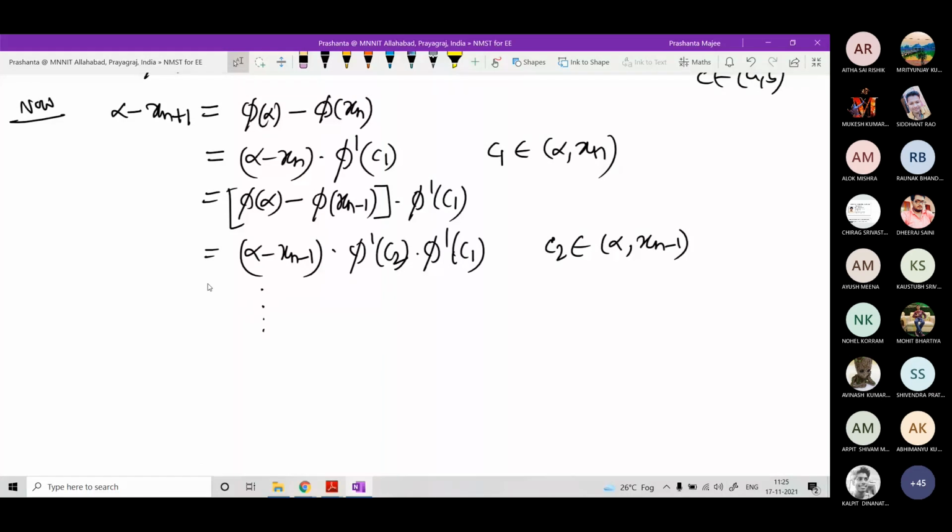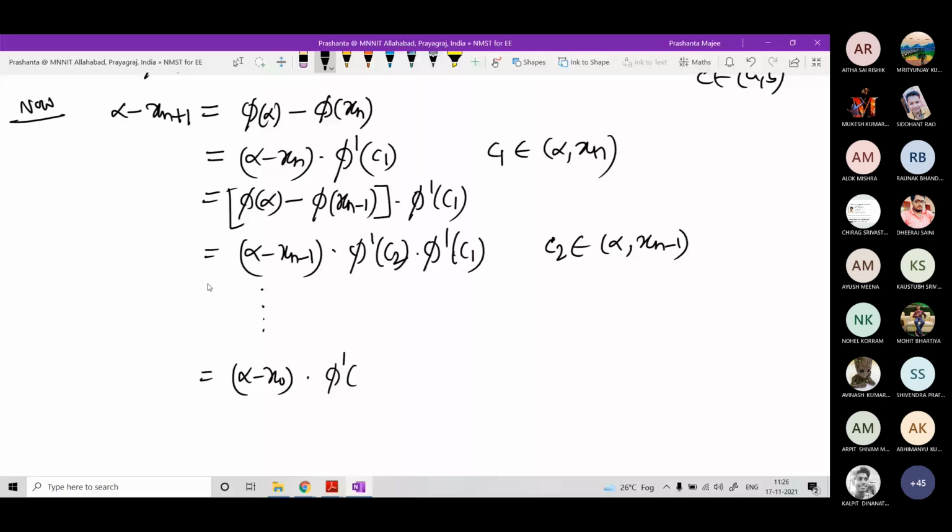So if you repeat it, what will it be? Alpha minus x naught into phi dash. Tell me, how many constants will be there?